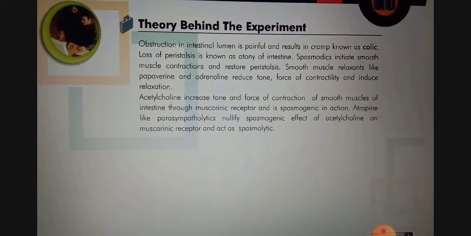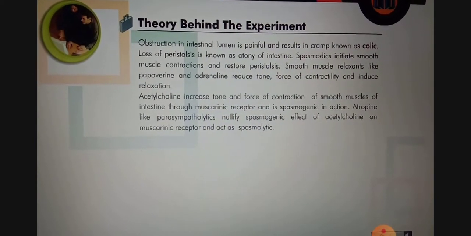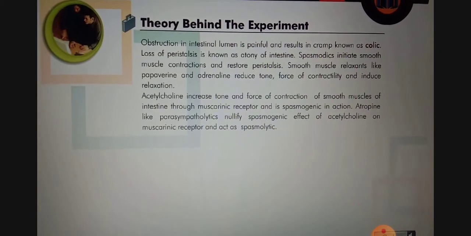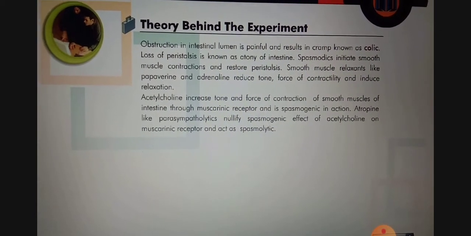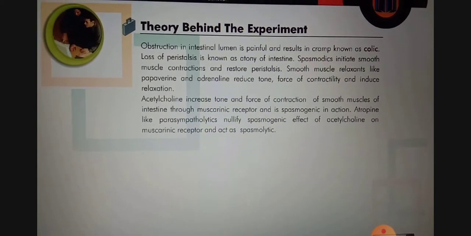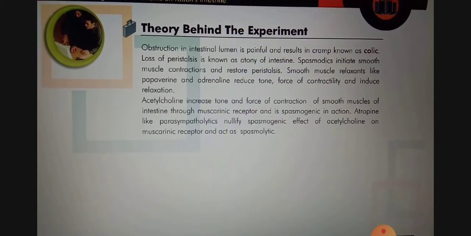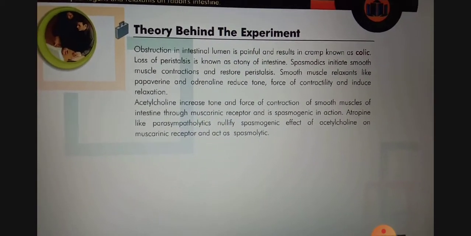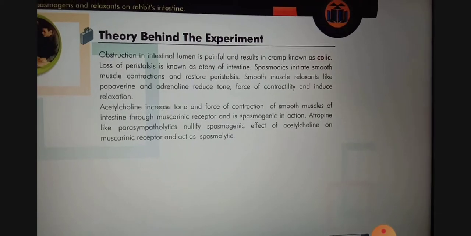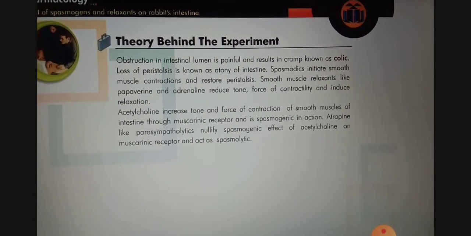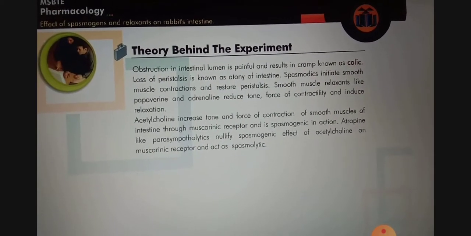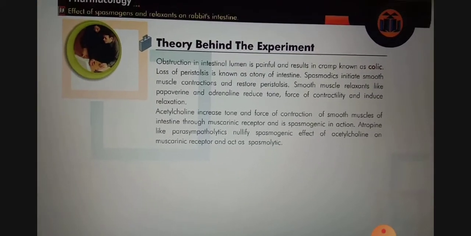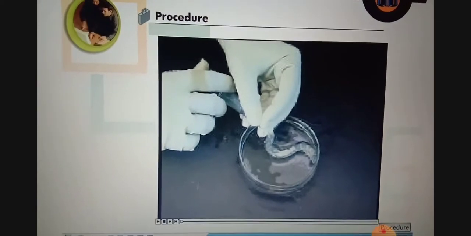Adrenaline causes the relaxant effect on the smooth muscles of intestine, acetylcholine causes the contraction of smooth muscle of intestine, and atropine nullifies the effect of acetylcholine, meaning it causes the spasmolytic effect. So these are the three drugs which exert different effects on the smooth muscles of the intestinal wall. So here is the procedure.